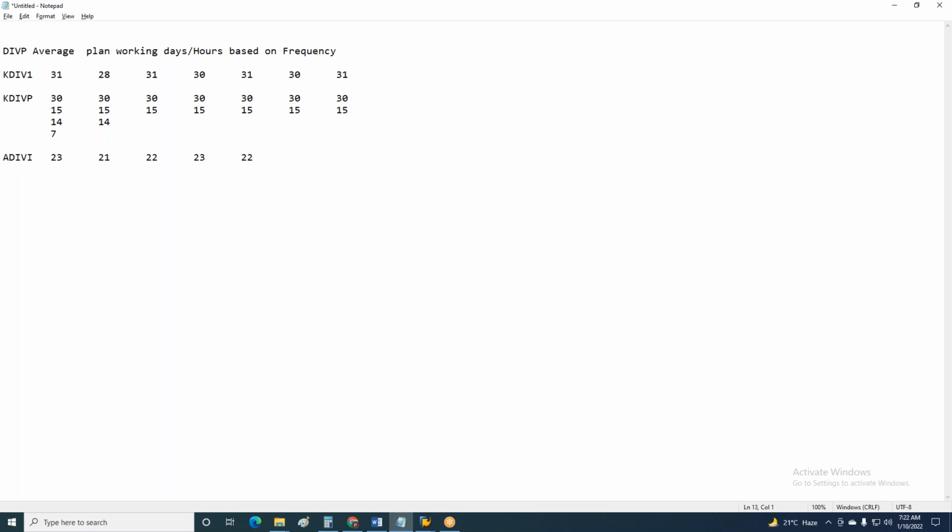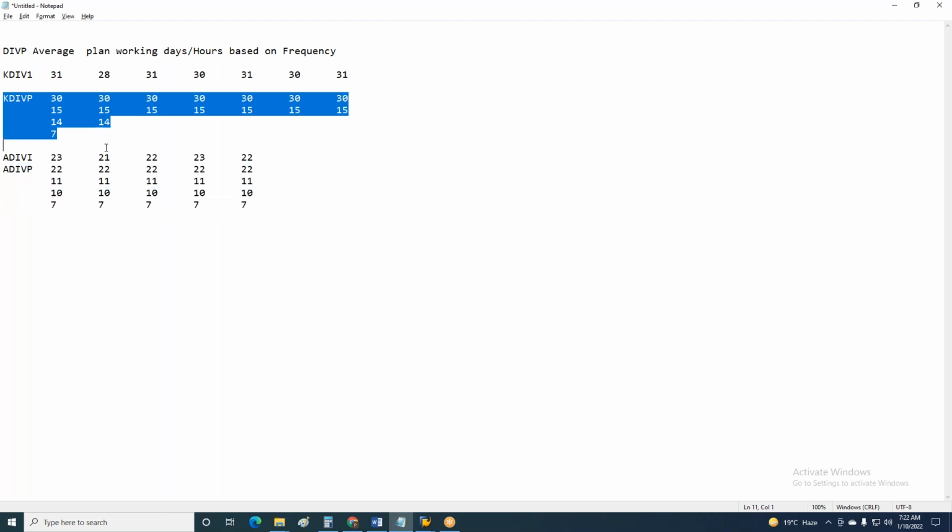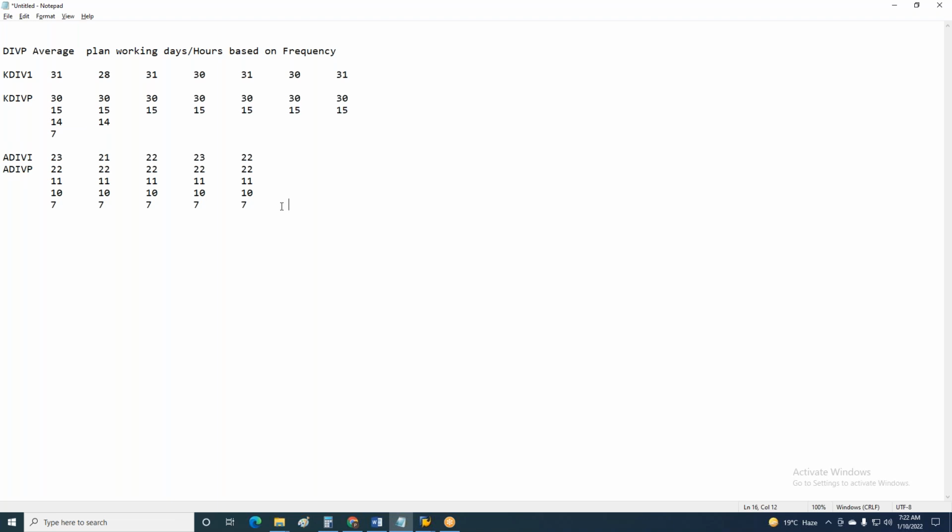But in case of DIVP, it always takes, in case of monthly, semi-monthly, bi-weekly, weekly, fixed constants, not calculated. Constants, fixed constants. Why is this required?